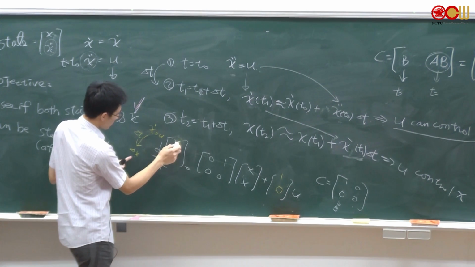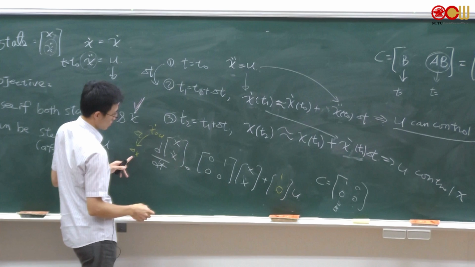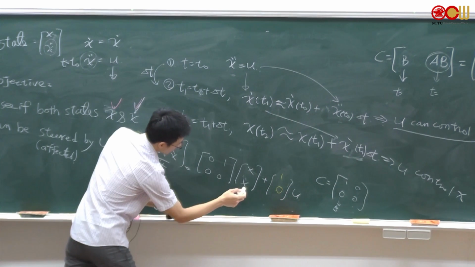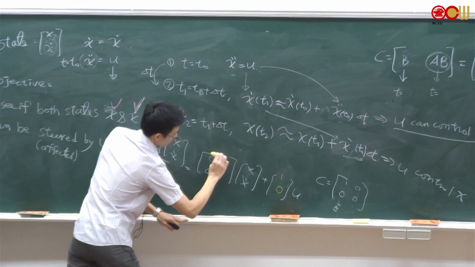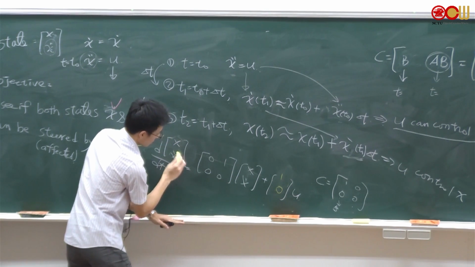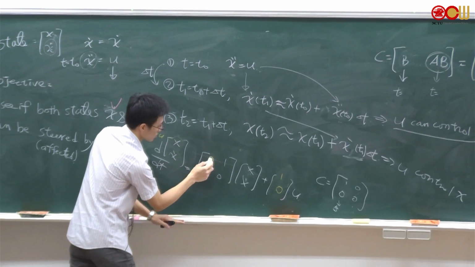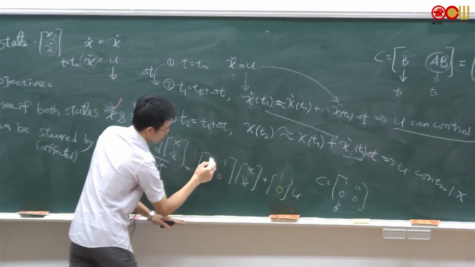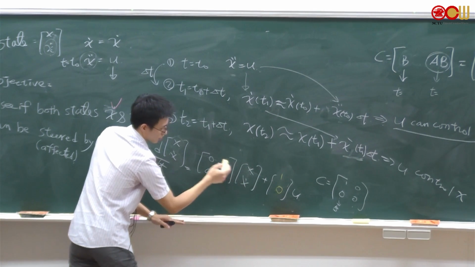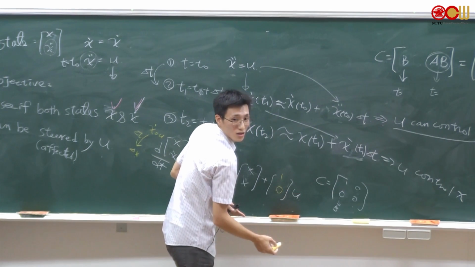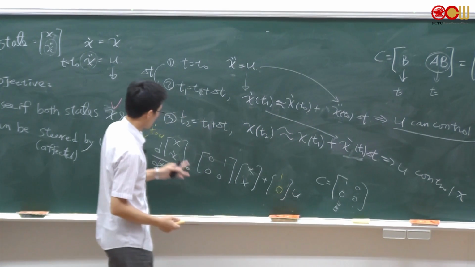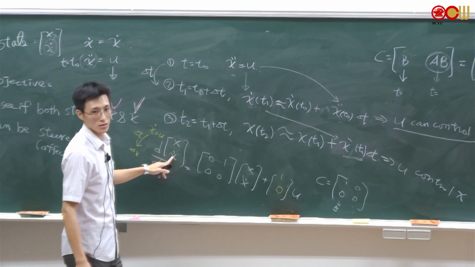So this x will be changed. But at the next time, the change of this x, when you use this times this, the second element is still, right, because it's 0, 1. But 1, 0, but here is 0, 1. So after you times this, it is 0, 0. So there is no influence from the first state to the second state.